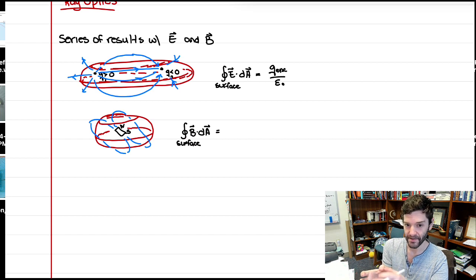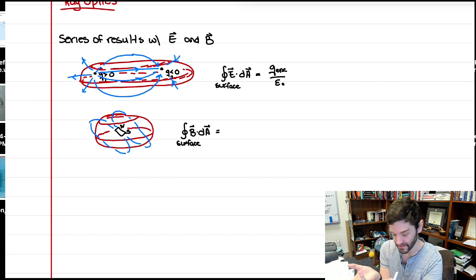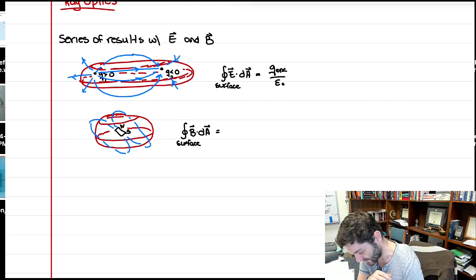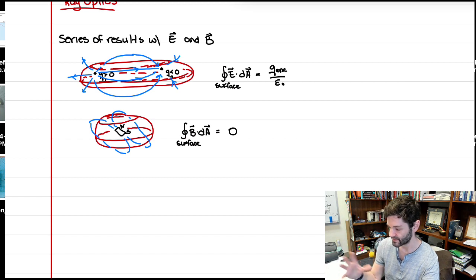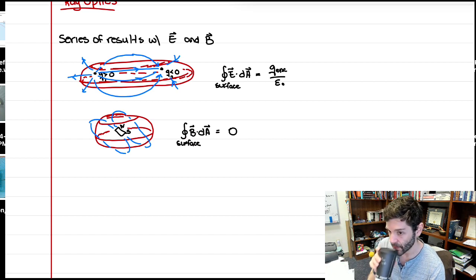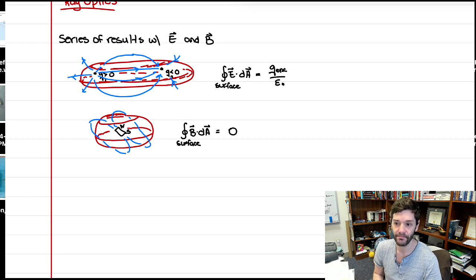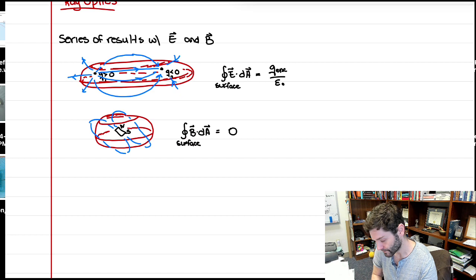But since every north inside also has a south inside, that must equal 0. This is really just a statement that there are no magnetic monopoles. No matter what surface I draw around a magnetic element, the magnetic fields will always create loops, so that whatever goes out also goes back in.